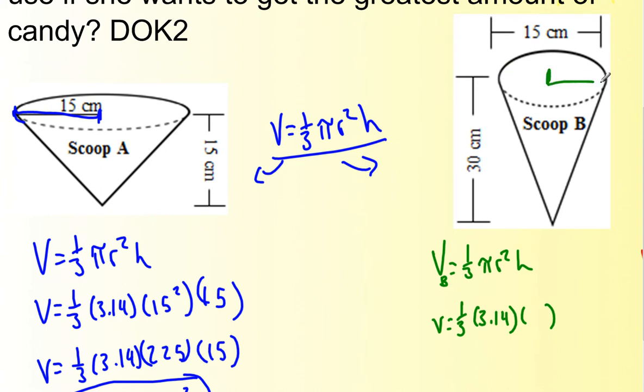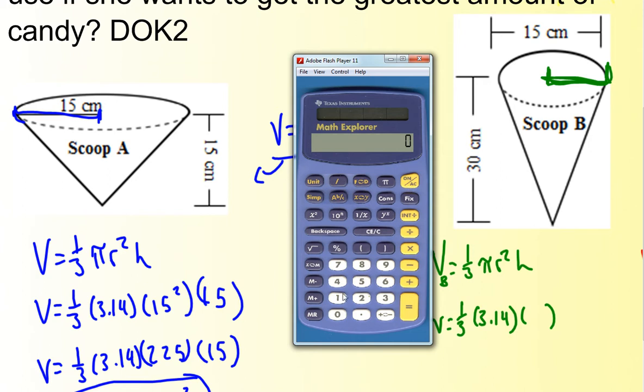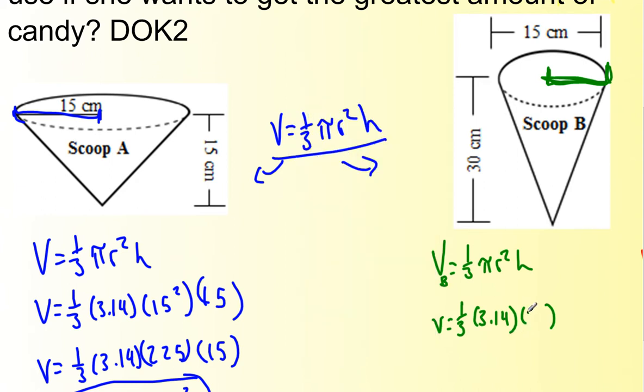So the radius would be half of this. So half of 15, 7.5. 7.5 squared. And then the height is 30.